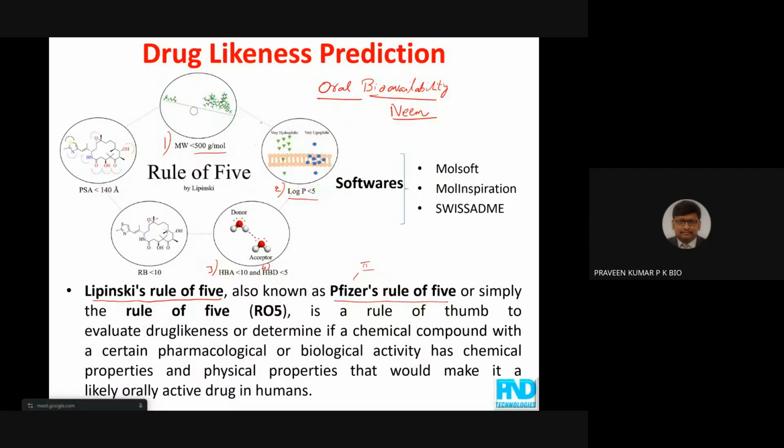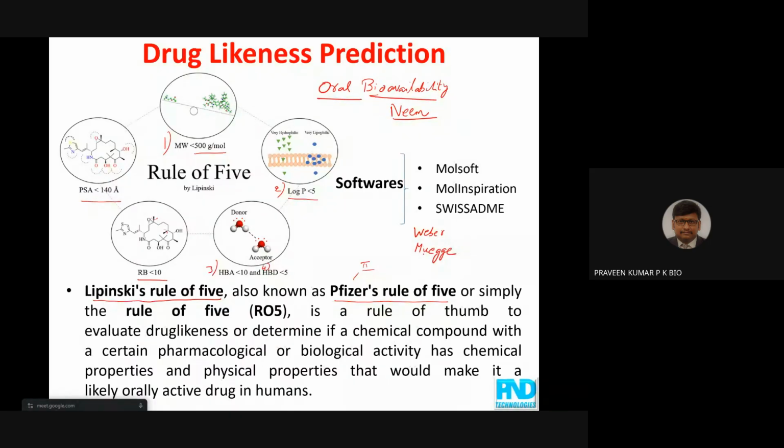We also have a few more properties, like rotatable bonds less than 10 and polar surface area less than 140 angstrom squared. How do we find these kinds of properties? These are present in other drug likeness filters. Like the Lipinski rule filter, we also have Veber, Muegge. So there are various types of drug likeness filters.